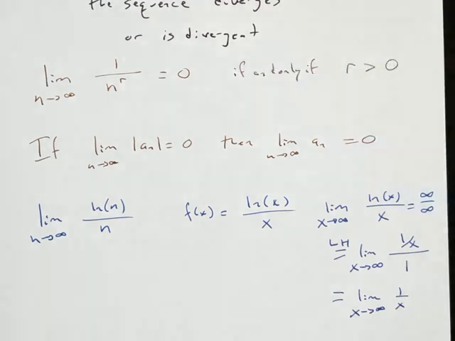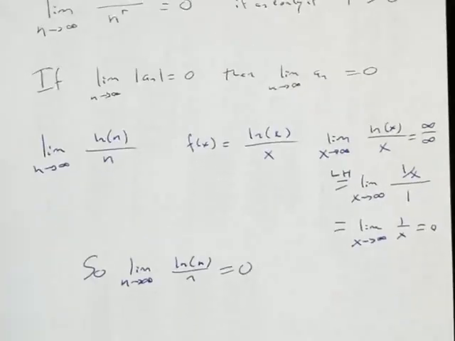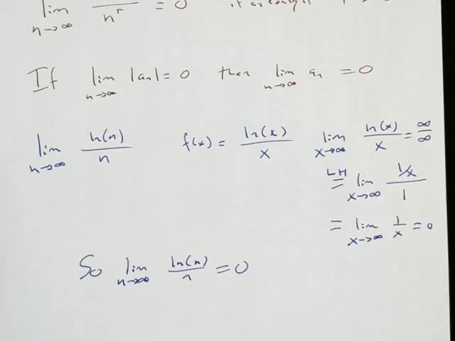That goes to 0. So the limit as n goes to infinity of ln of n over n is 0. As soon as I know what happens to the function version, I know what happens to the sequence version.